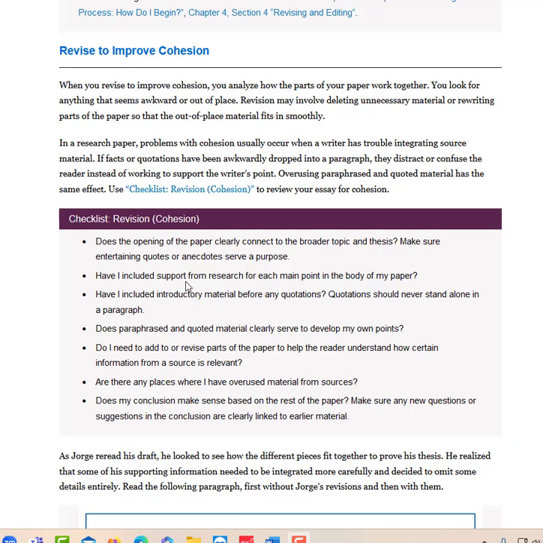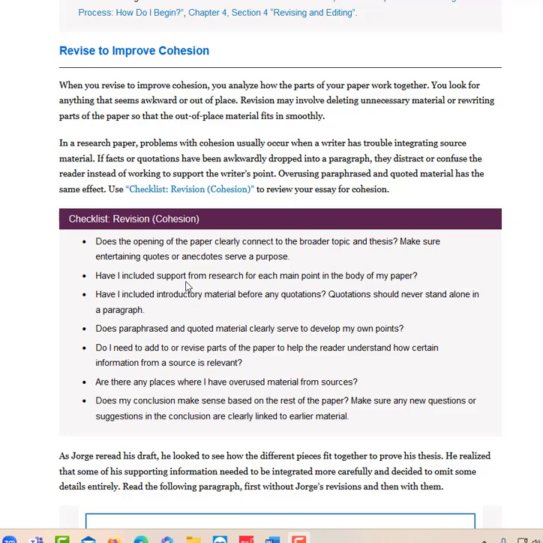When you revise to improve cohesion, you analyze how the parts of your paper work together. You look for anything that seems awkward or out of place. Revision may involve deleting unnecessary material or rewriting parts of the paper so that the out-of-place material fits in smoothly.